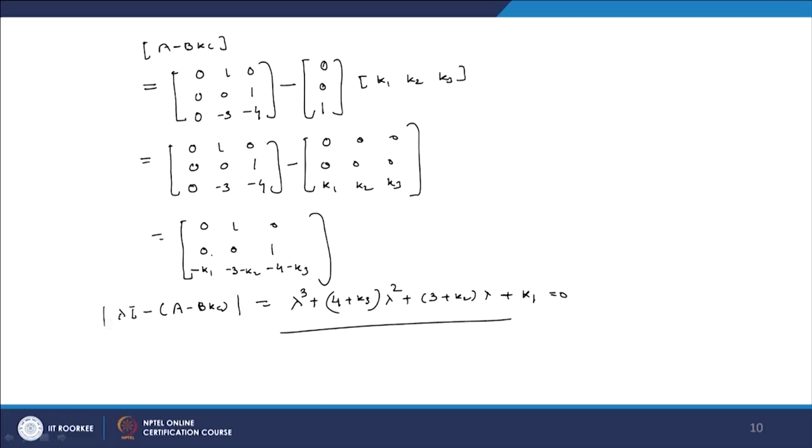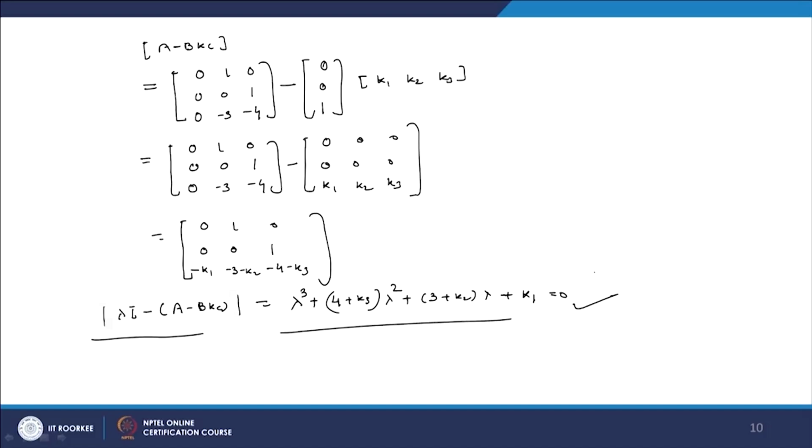This equation in companion form, in the reverse way, gives minus k1, minus 3 minus k2, minus 4 minus k3. So this is the equation we have got from the original plant, in which k1, k2 and k3 are there.